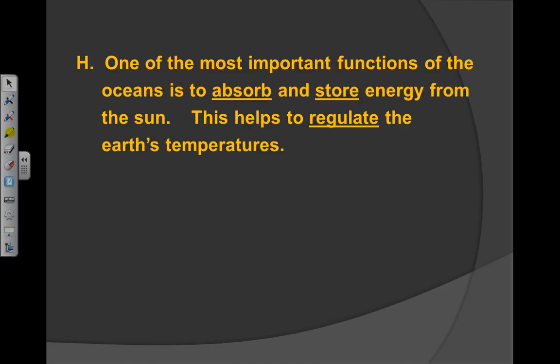Because the oceans cover so much of Earth's surface, that helps regulate the Earth's temperatures. The water's temperature is very slow to rise, and it's also very slow to drop. So the Earth's temperature overall stays in a pretty narrow range.